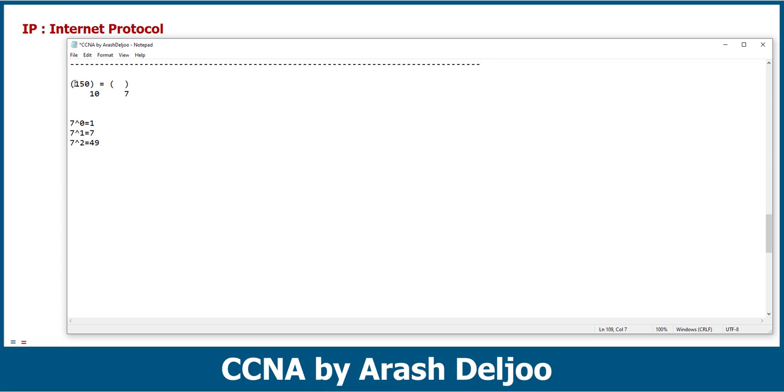You know that for 150, we need to use the powers of 7. 7 to the power of 3 is larger than 150. Because of that, I'm not going to use it. But 7 to the power of 2, if we use 3 times this value, 3 multiplied by 49, this is equal to 147.